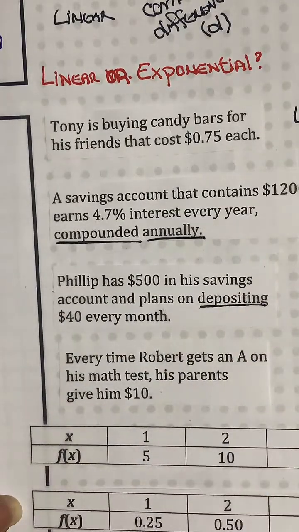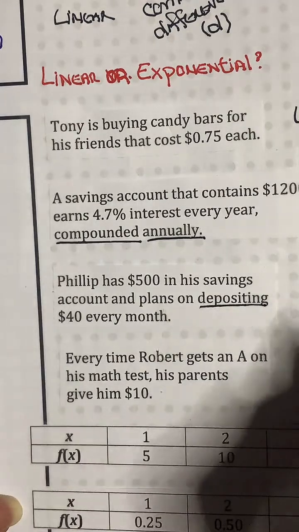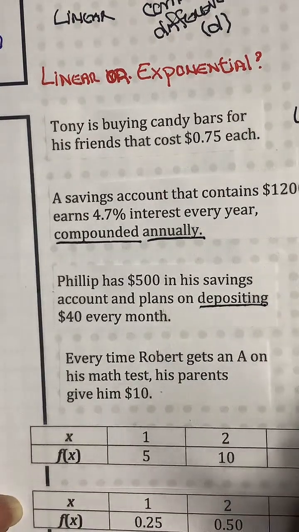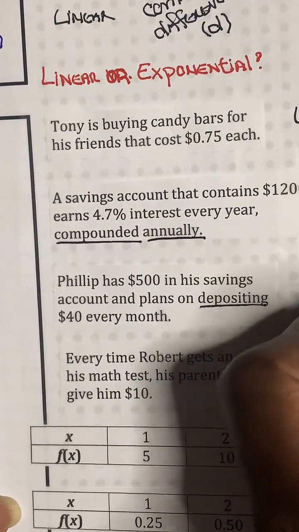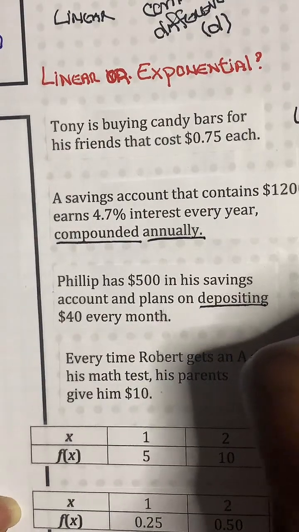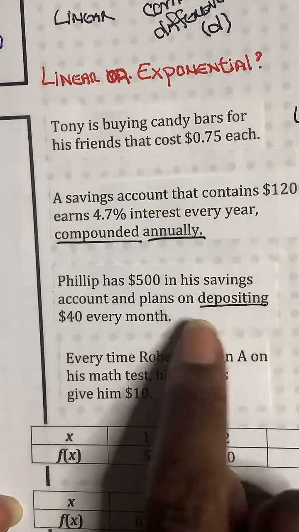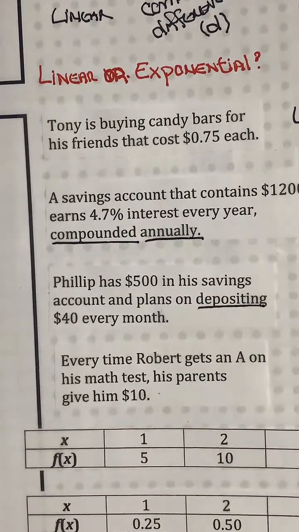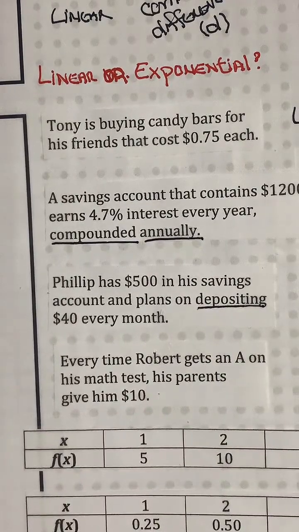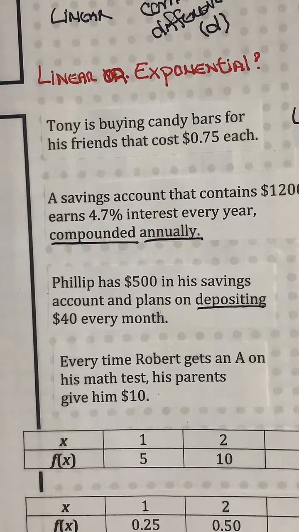The account is growing $40 every month, so this is linear. Bonus points if anyone can tell me what the equation would be to represent that situation. Yes, increasing.